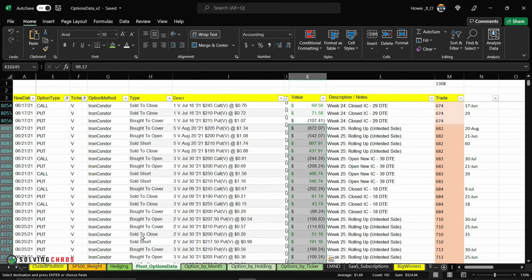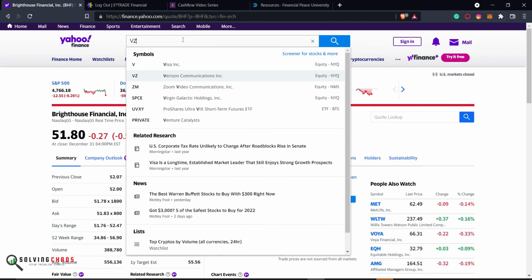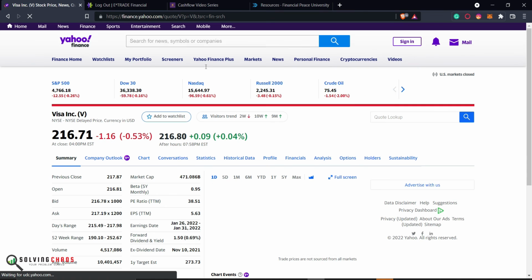Visa really doesn't move in a way that's easy to predict, and it's really testing my iron condors. And I'll show you the stock chart for this one so you'll understand where, or maybe even why I'm having a hard time with this.